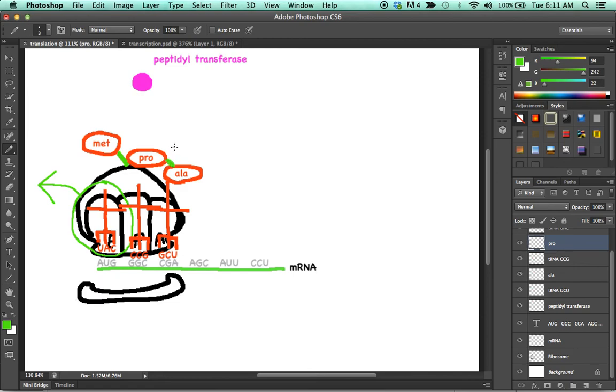In this case, proline now will lose its attachment to the tRNA molecule, and instead it gets bound to alanine.